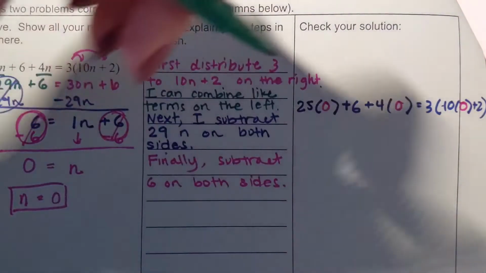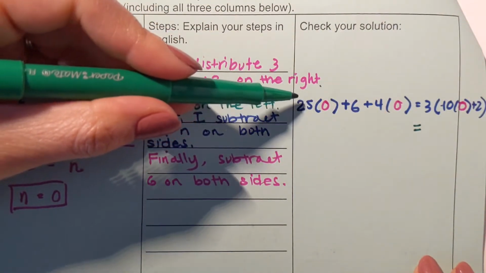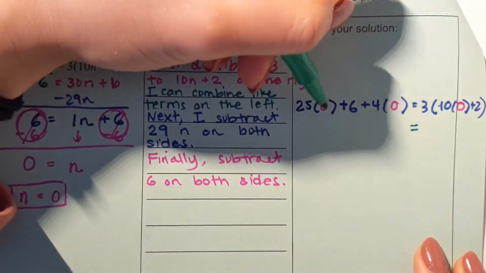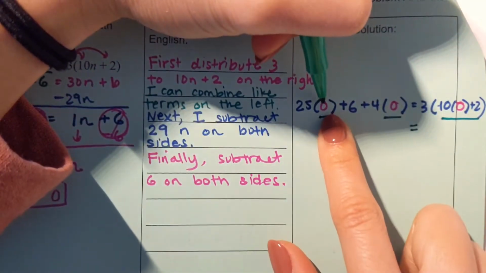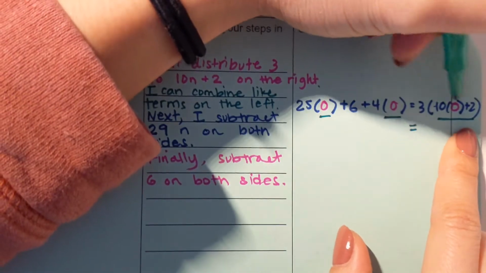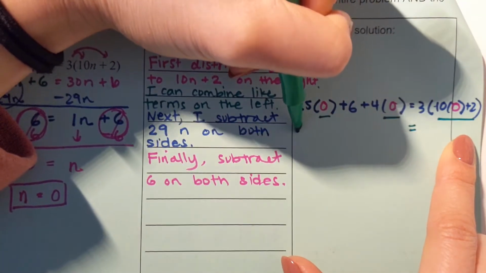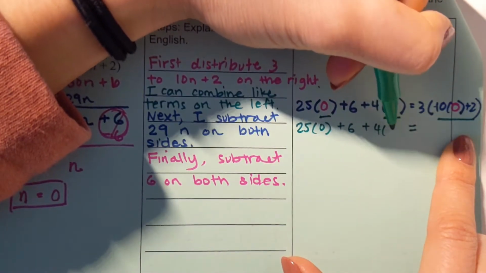And now we're just going to follow order of operations as I simplify this. For order of operations, the first thing I want to do is look inside parentheses. I can't really simplify that more, I can't really simplify that more, but I can simplify that. So let's write 25 times 0 plus 6 plus 4 times 0.